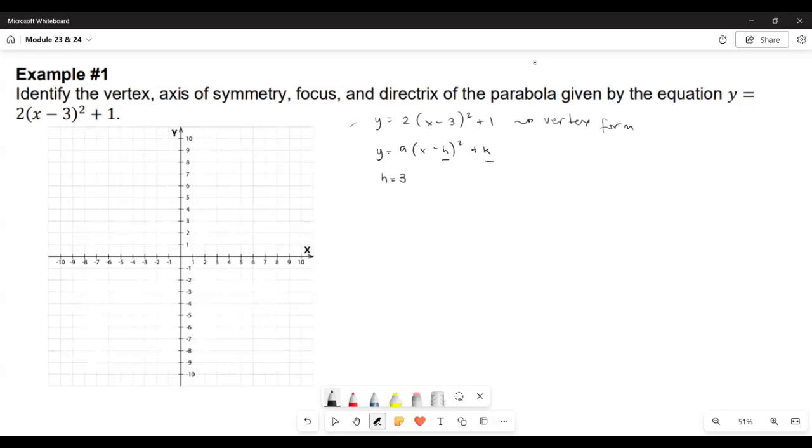So dito naman sa ating k value, yung k value natin is 1. So therefore, the vertex of the parabola, yung coordinate niya is (3, 1). Okay? So ito ang ating first parameter.